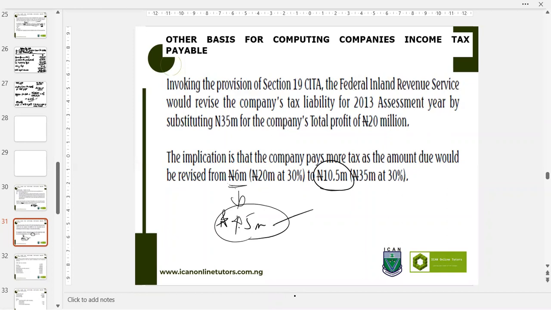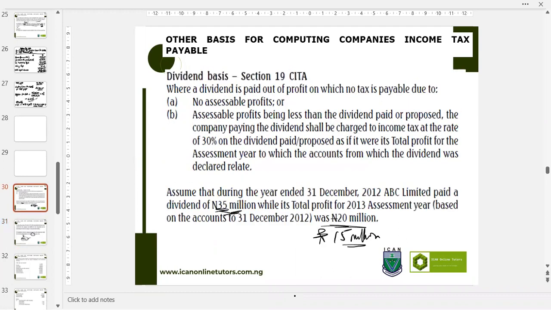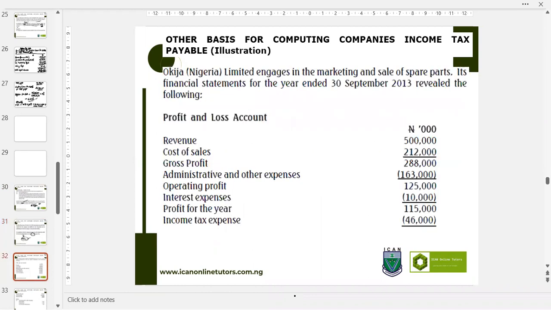Are we together? That is why it applies where there's no accessible profit, or the accessible profit for the year is less than the dividend paid or proposed, as in this case. You can see the total profit is 20 million naira while the dividend paid is 35 million naira. Are we together?